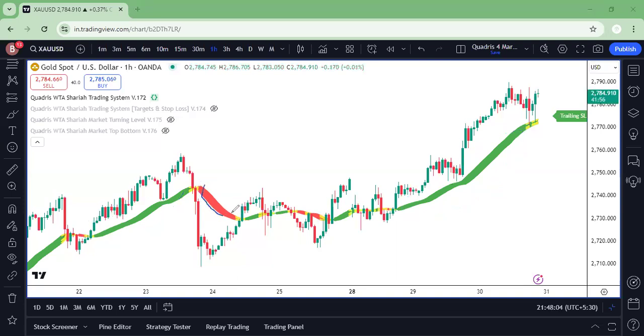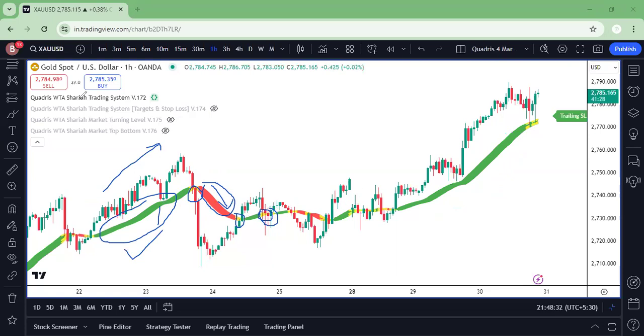I'll start again. As you can see, there is a red, a green and a yellow ribbon. Green stands for an up move, prices are going upwards. Red stands for when prices are going downwards, and yellow stands for when the price is facing some sort of consolidation or going sideways.